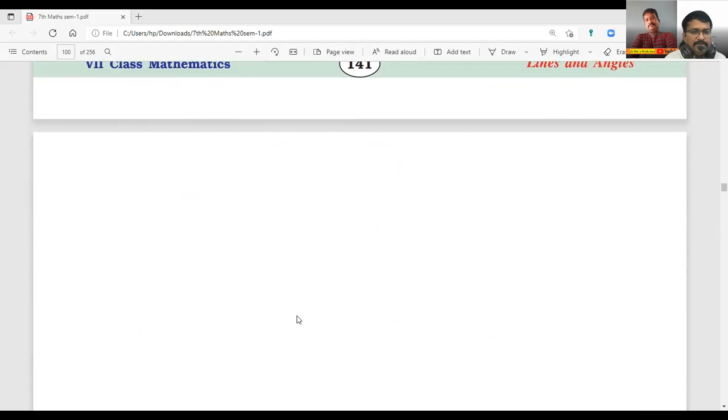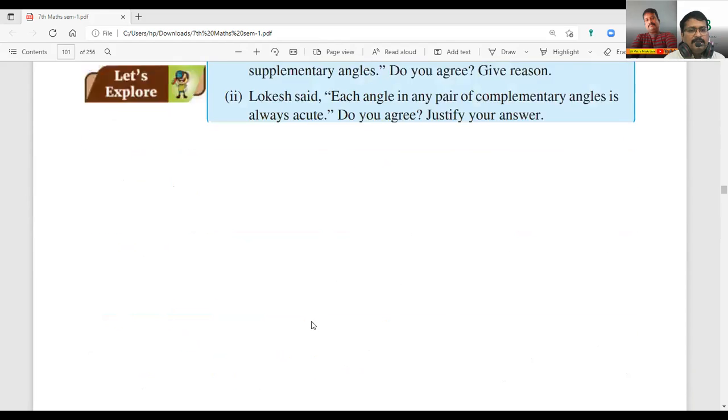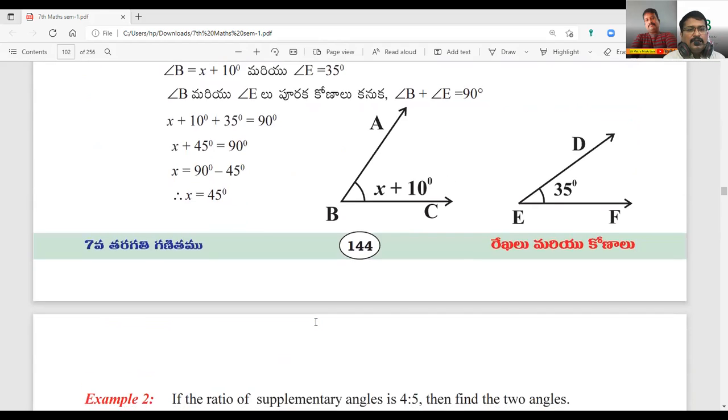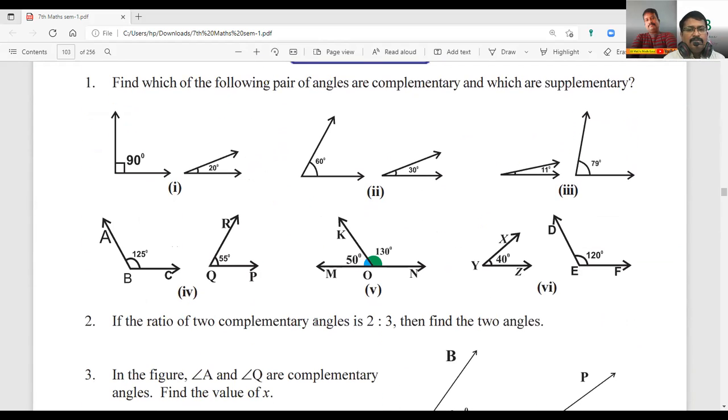Am I right? So like this we can say that in exercise 4.1, less than 90 degrees is an acute angle, greater than 90 and less than 180 is an obtuse angle, as you know very well.